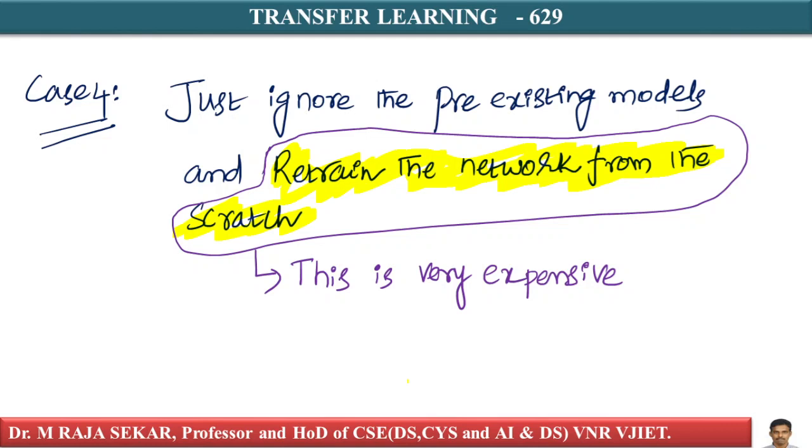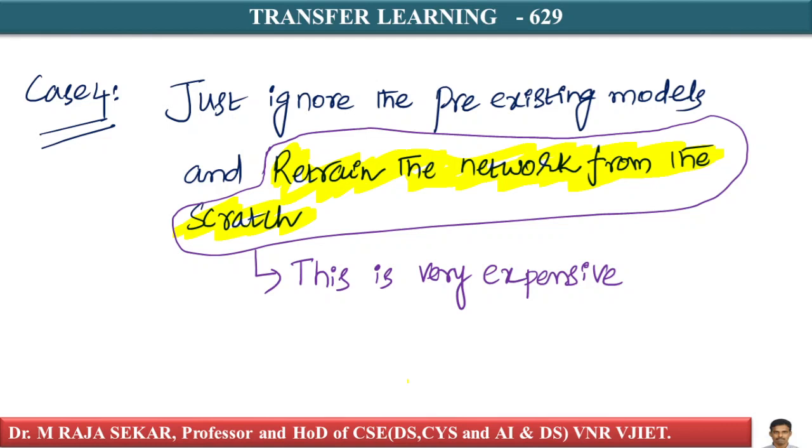Why dump everything? Because at the end of the day, simple things like edges and simple shapes are still critical for all object recognition tasks, isn't it? So why dump everything? This is something you end up doing very few times.